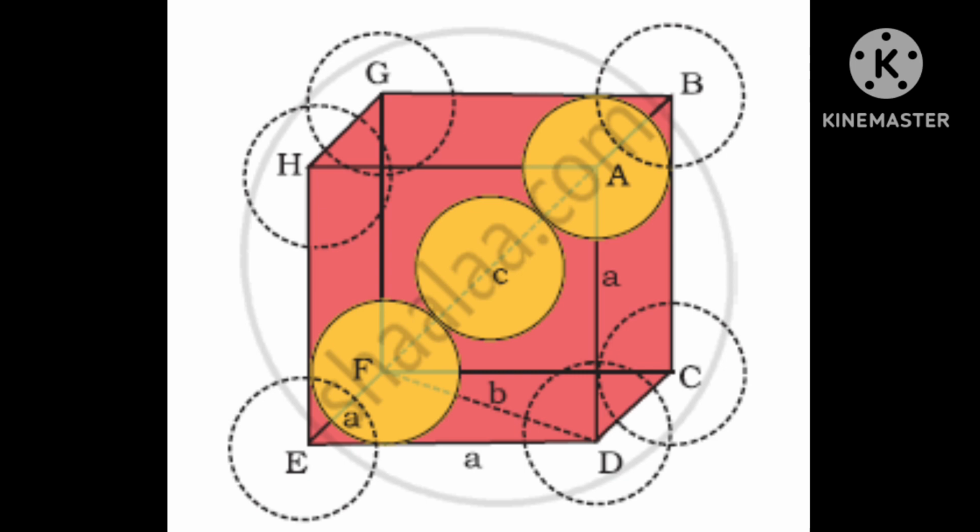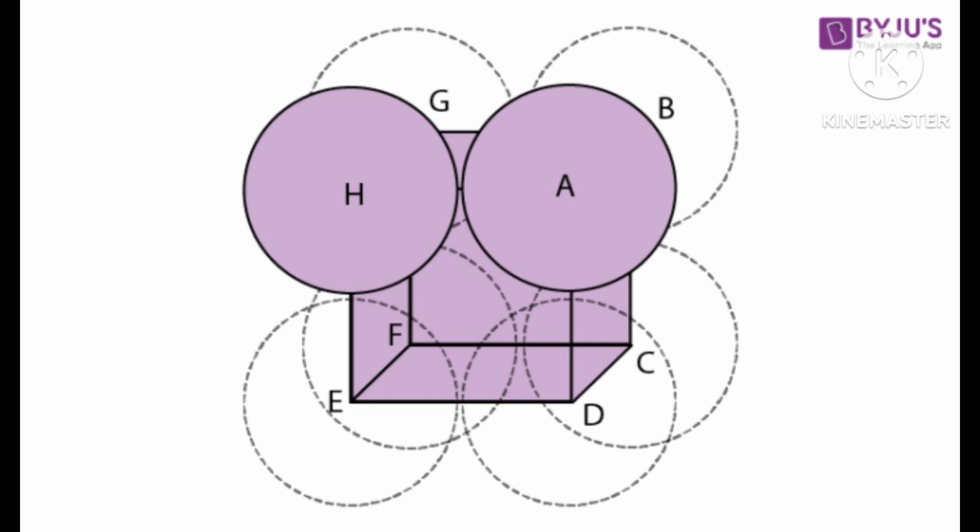Then after solving, the volume occupied by the 2 spheres, that volume you have written, and down you have written the total volume of the unit cell, that is 4 divided by root 3 into r, power 3. Both values you have kept and you have multiplied by 100 because you want to calculate in percentage.